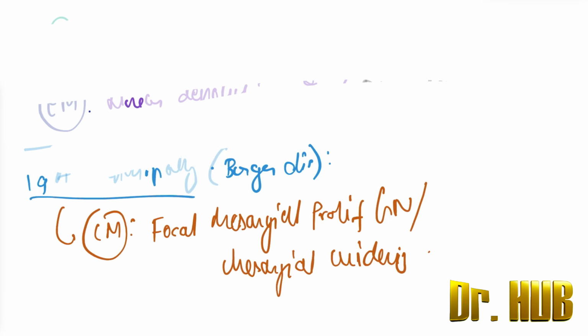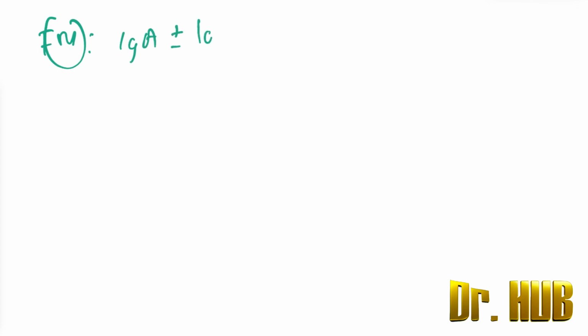Next we look at the fluorescence microscopy. Under the fluorescence microscopy, it shows IgA plus or minus IgG. There is also IgM and C3. C3 is in the mesangium.